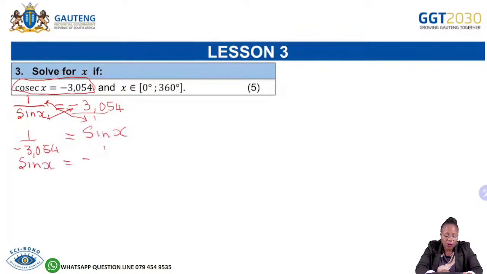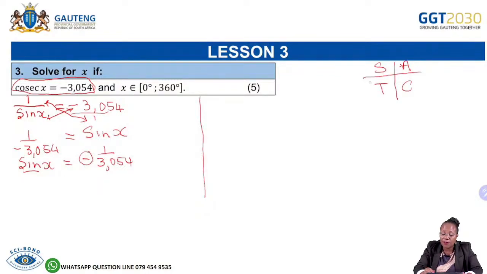Okay, and then the next step: this is the same as sine x equal to minus 1 over 3,054. So from here, because we want to solve for x, you can't solve immediately. We must look for the reference angle, because we will be solving in the quadrants where sine is negative. So in which quadrants will you be solving, grade 12, where sine is negative? Do you still remember your CAST diagram?